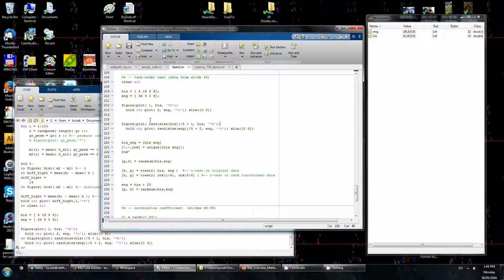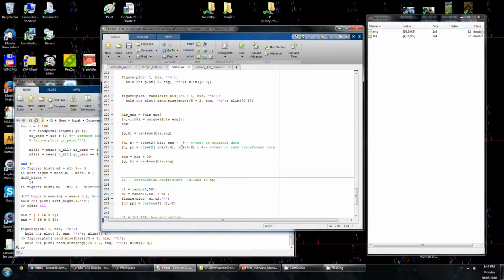Here I'm plotting things at x1 plus some random offset, and here at x2 plus some random offset.